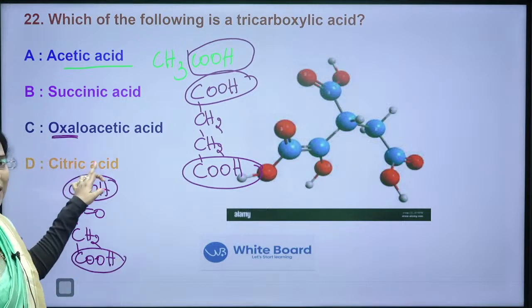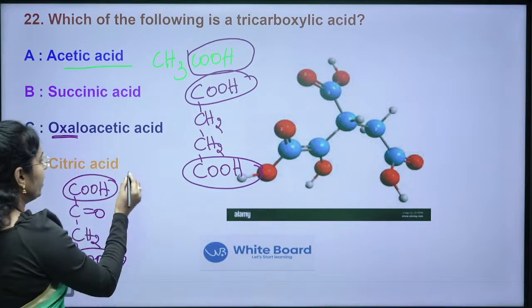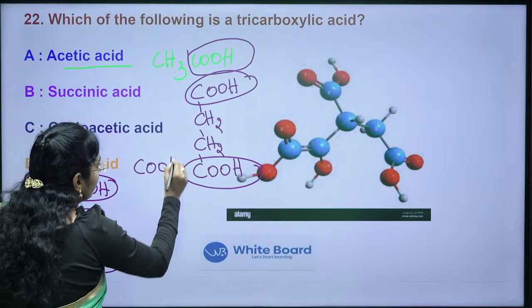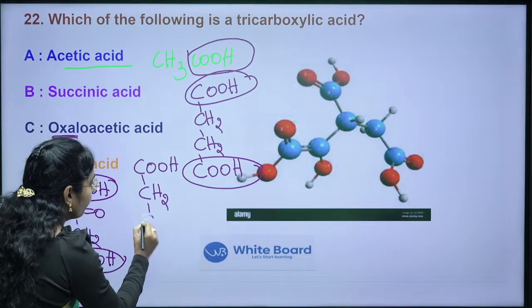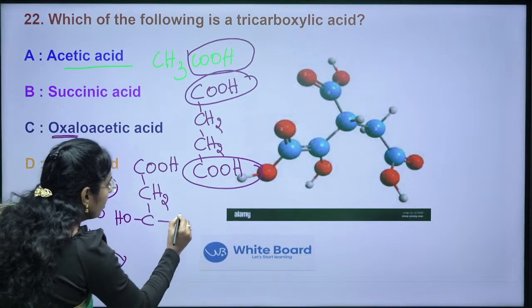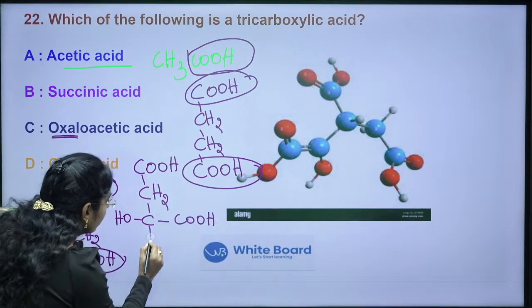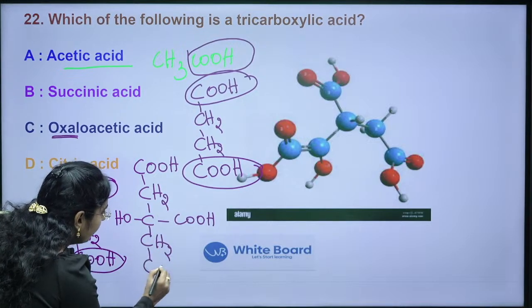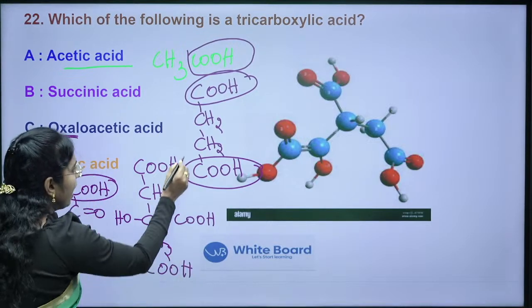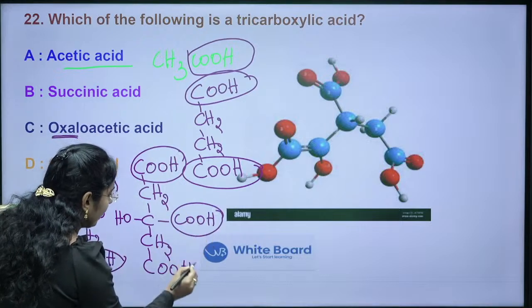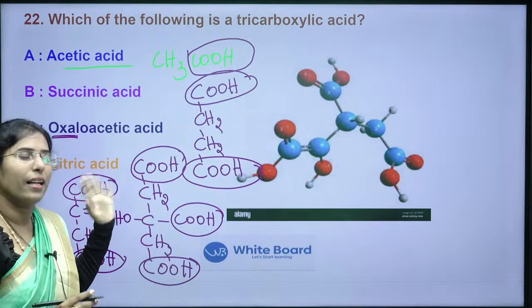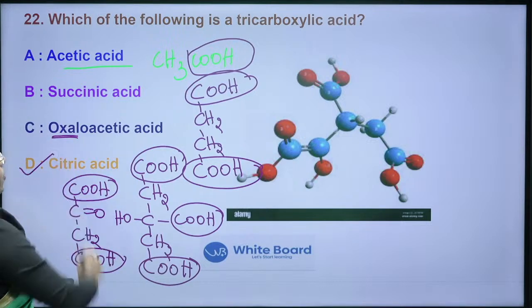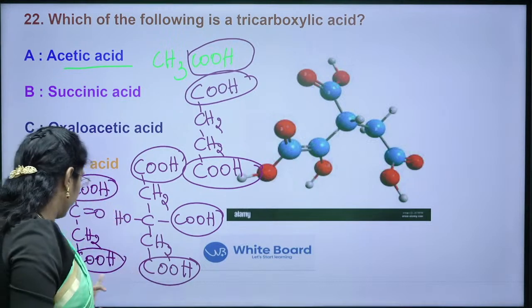And what is the next one? Citric acid. Its structure is COOH, CH2, C(OH) COOH, CH2 and COOH. So, it has 3 carboxylic acid groups. Therefore, citric acid is the correct answer, a tricarboxylic acid.